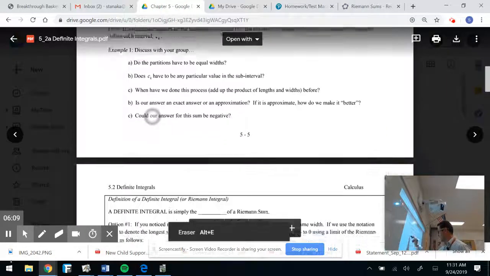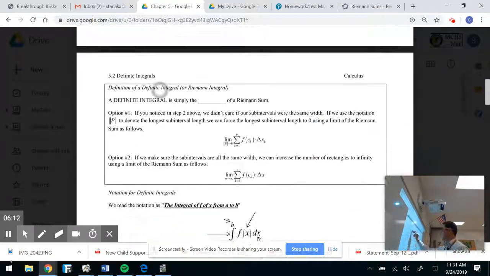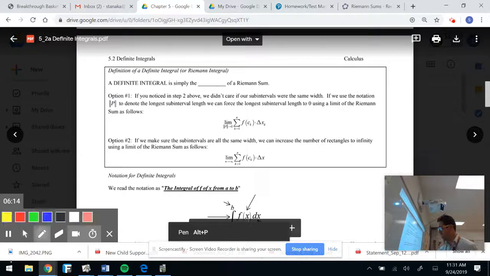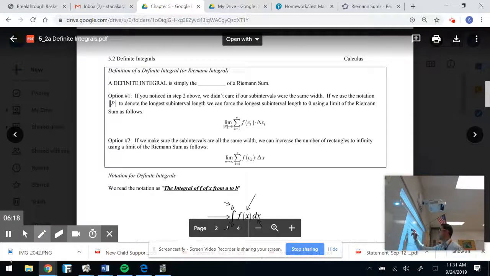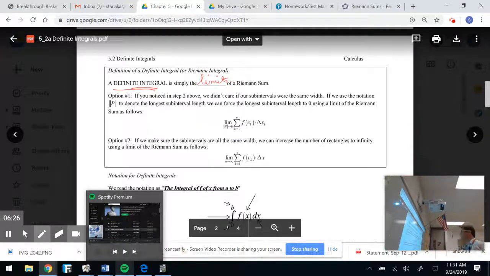What would give us the exact area would actually be, let's say, an infinite amount of rectangles. How have we been using this infinite in AP Calculus? A definite integral is simply the limit of a Riemann sum. If you notice in step 2 above, we didn't care what the width of our subintervals were.